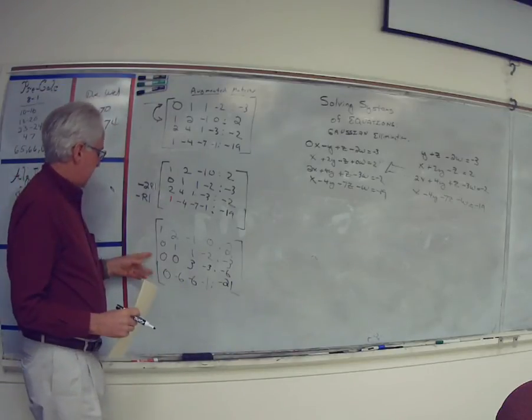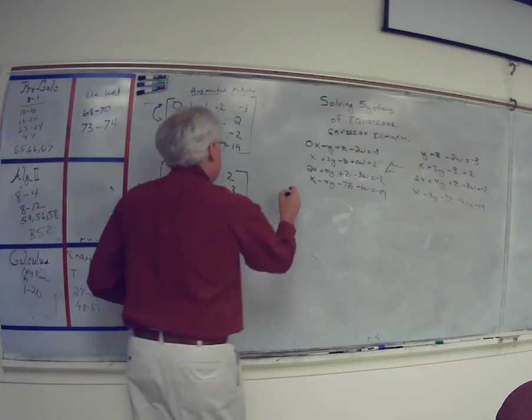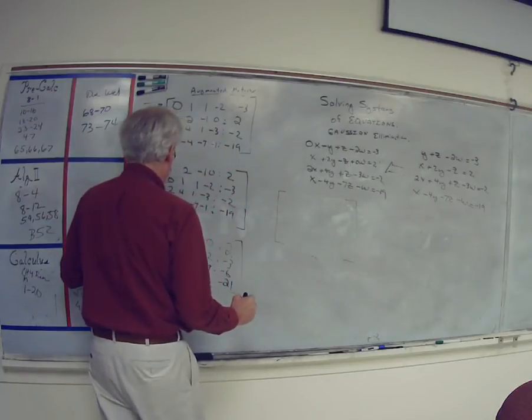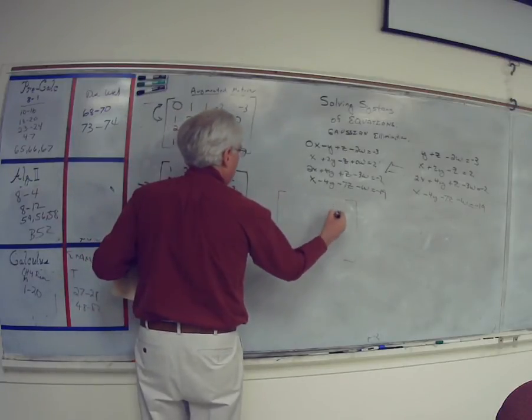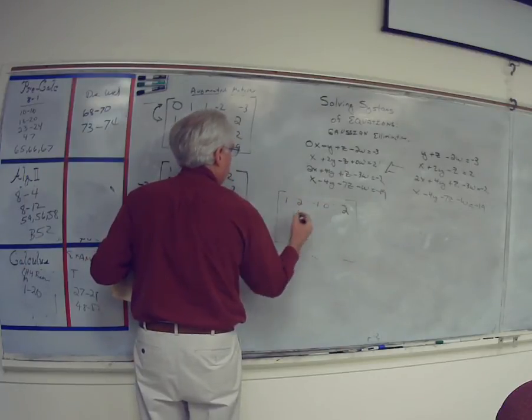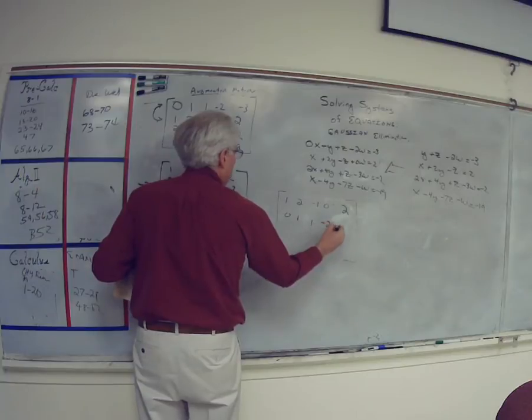Is it okay to work it a couple of rows at a time if we're careful? Yes. Okay, so first we're going to come back with row 1. Tell me row 1. That's 1, 2, negative 1, 0, 2. Okay, and tell me row 2. 0, 1, 1, negative 2, negative 3.